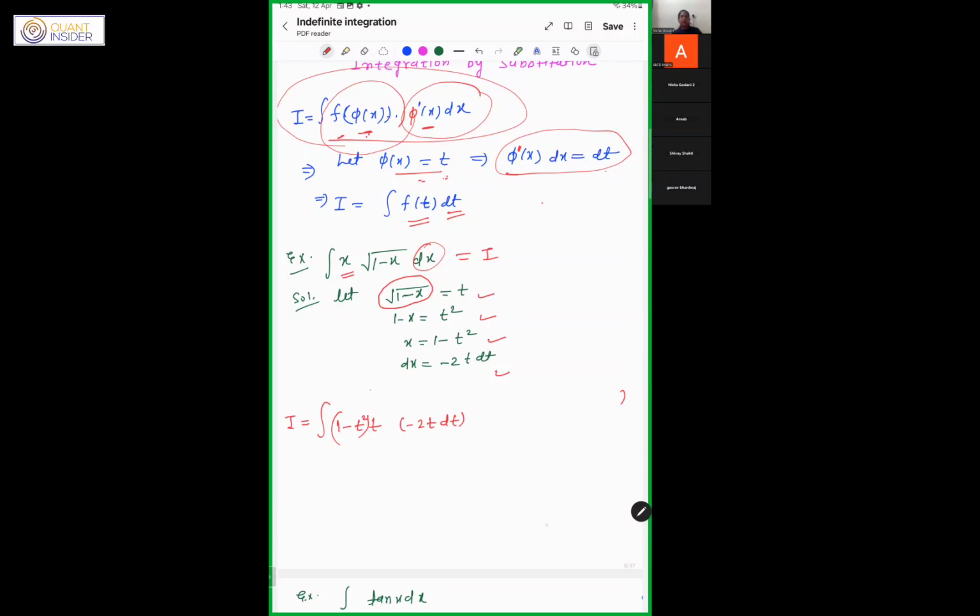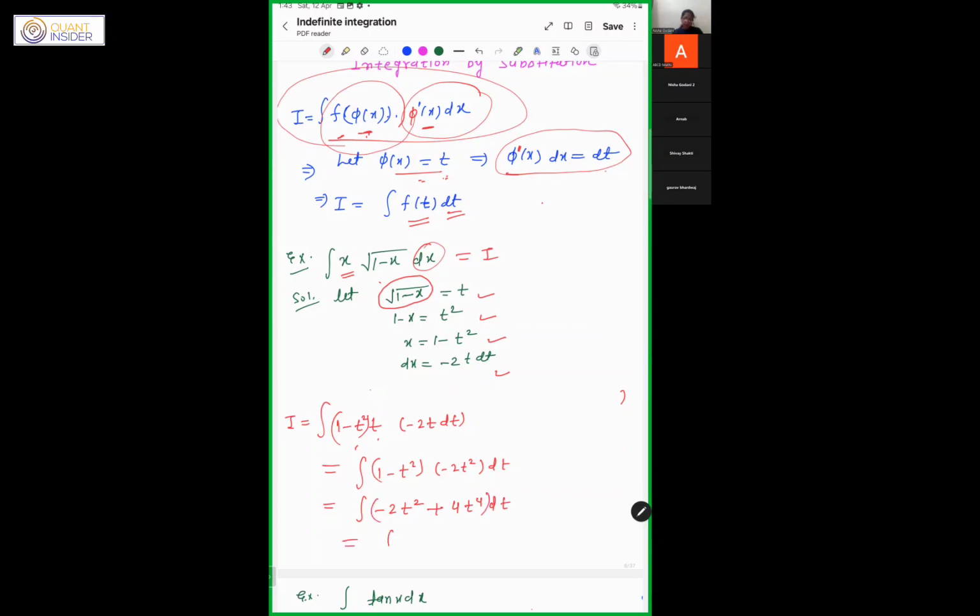So we are using this to simplify, to make the integration easy. So x is 1 minus t square, under root 1 minus x is t, and dx is minus 2t dt. Now it is equal to the integration of 1 minus t square times minus 2t square dt. This is minus 2t square plus 4t to the power 4 dt.